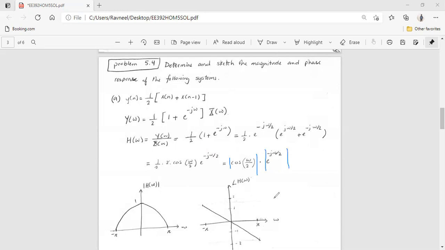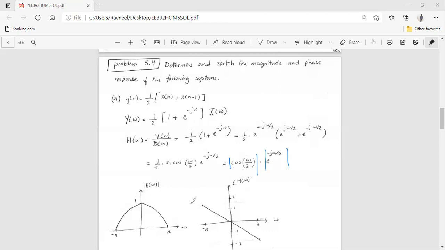And it is always best to use the Cartesian representation, the normal representation where you get a real value plus an imaginary value, when you are adding or subtracting. So in this particular case, you can see both the terms are being multiplied, so it is always best to use the polar form, right?